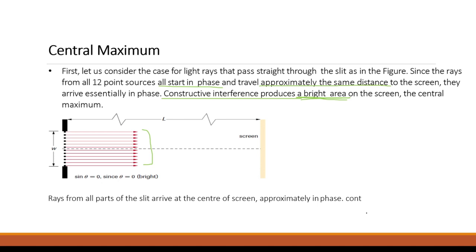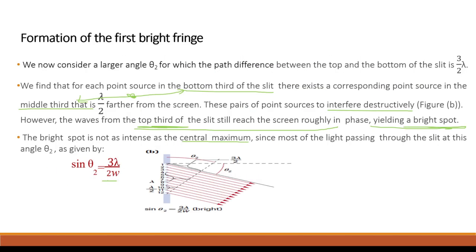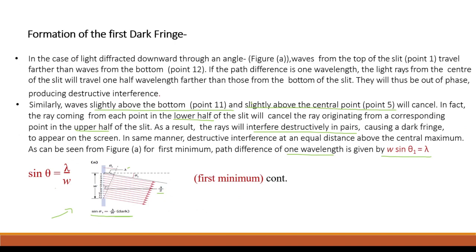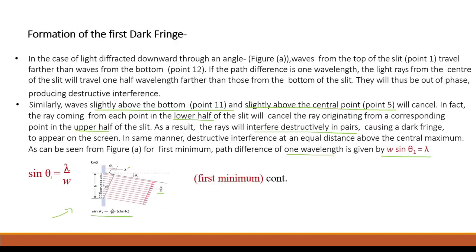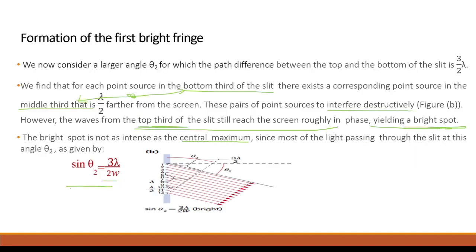When we have sine theta equaling 0, that's when the brightest point exists. So since we have some value here, it's not as bright. It's less than this, since our sine theta 1 here will be closer to 0 than this value. So that's why it's dimmer, but it's still not 0.